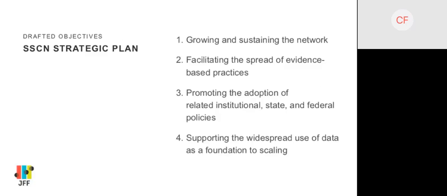So this will give us space to talk about that. And then facilitating the spread of evidence-based practices, promoting the adoption of various levels of policy, and then lifting up the ways that we are using data to support our work.